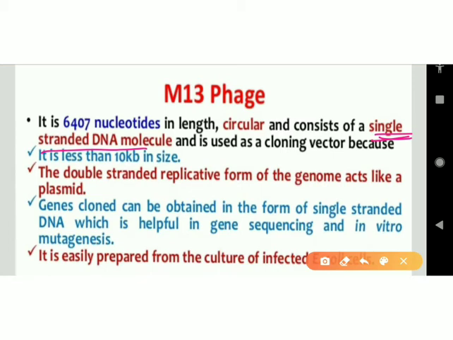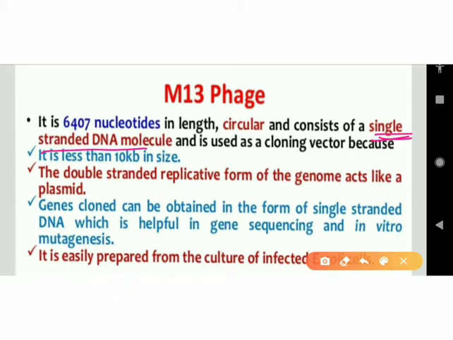It is used as a cloning vector because it is less than 10 kilobases in size. Being smaller in size, it is easy to handle and easy to introduce into the host cell.